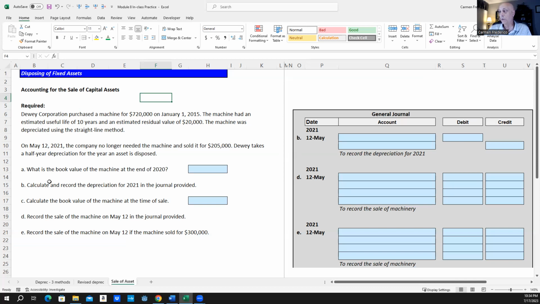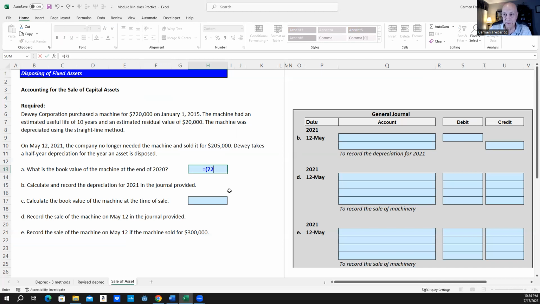Okay, so what is the book value of the machine at the end of 2020? That's a great question, right? So first we need to calculate the depreciation expense every year. Let's do that. So the depreciation expense is going to be the cost, $720,000, minus the salvage value of $20,000, divided by 10 years.